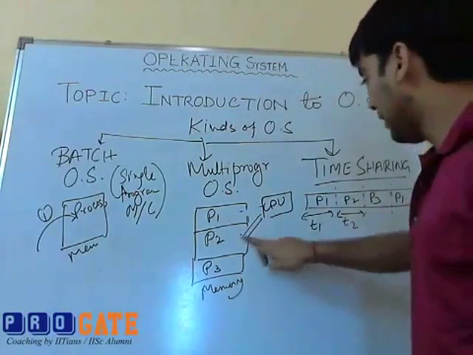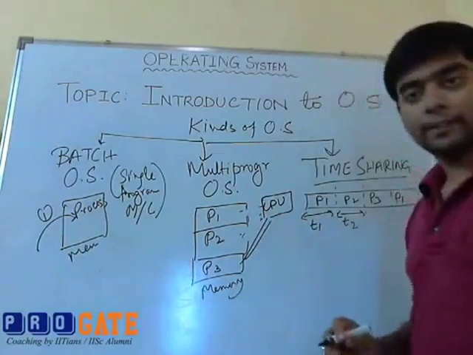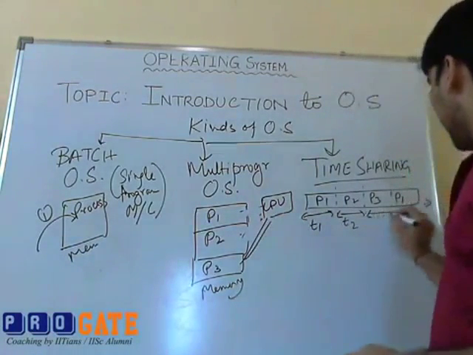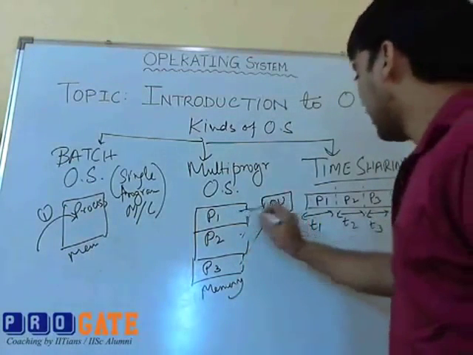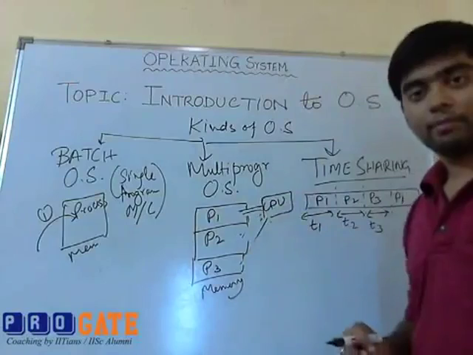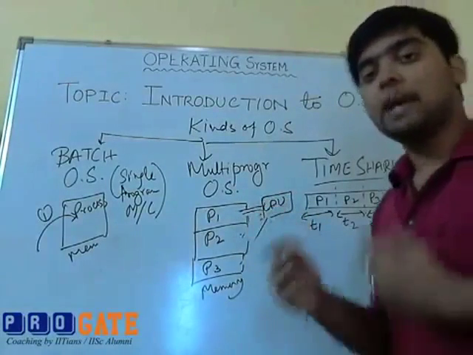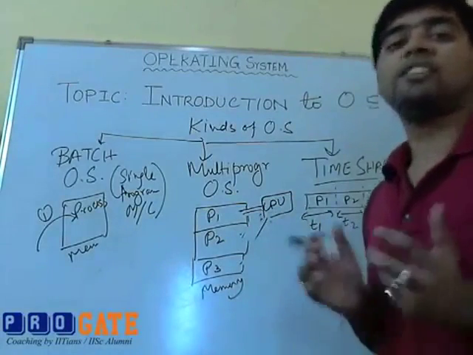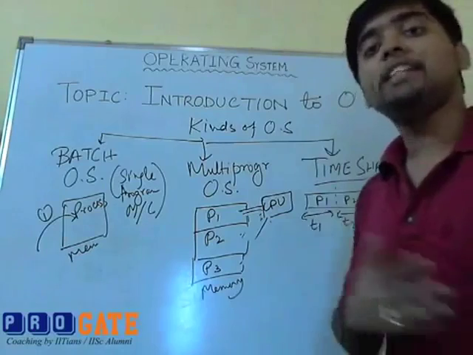After that, the CPU would be allocated to P3. This may execute for T3 amount of time, and then I am back to P1. So in this way, all the processes are getting some amount of time with the CPU, and no process has to wait indefinitely.